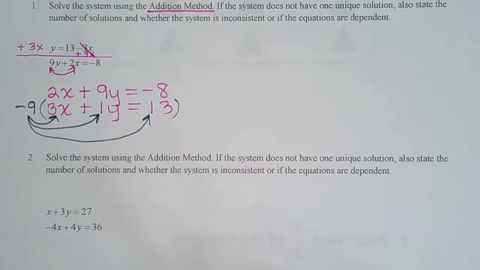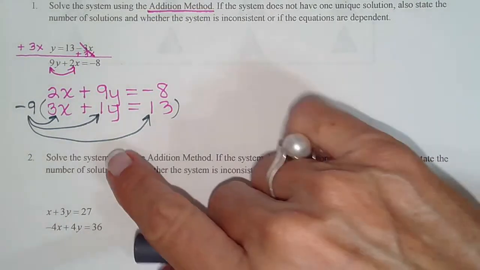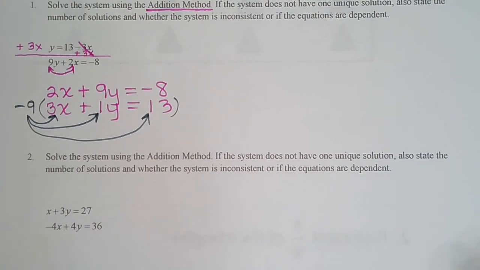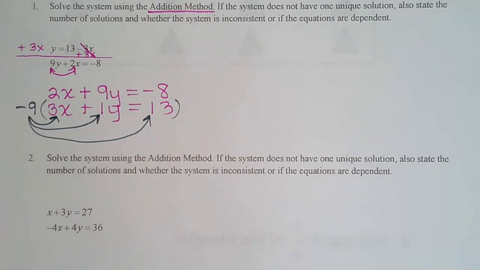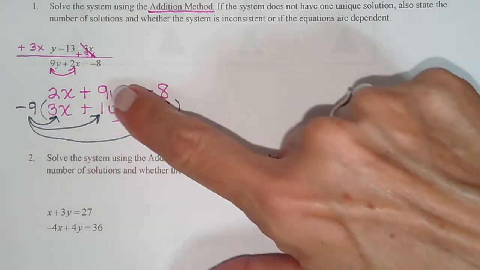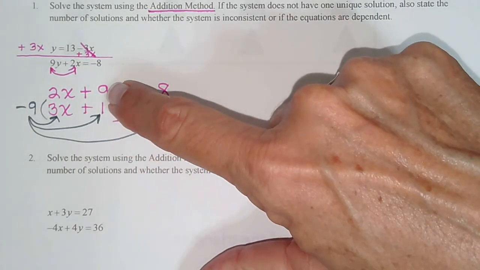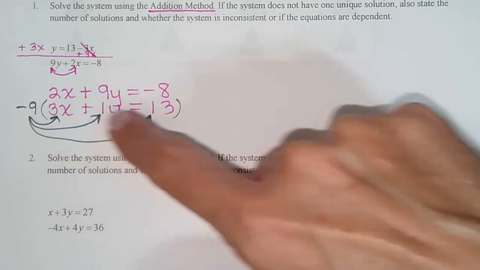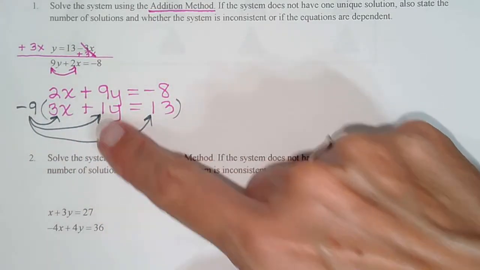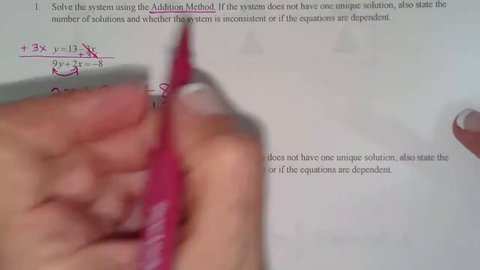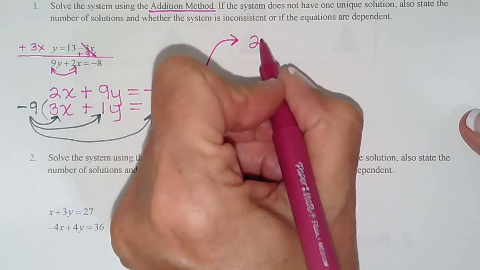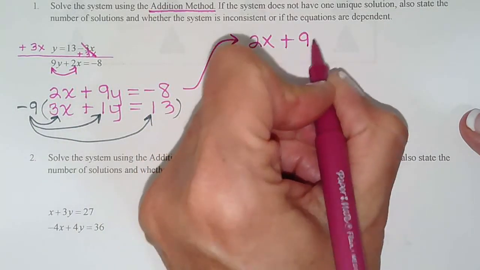So I recommend putting parentheses in, and then I also recommend, in a different color just to draw your attention to it, arrows to remind yourself to go all the way across. Okay, so we're trying to make the y's opposites. This is positive 9y. If I multiply this whole line by negative 9, I'll get negative 9y. So we have 2x plus 9y equals negative 8. That one doesn't change.